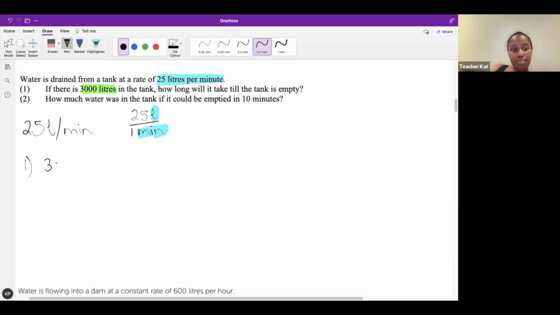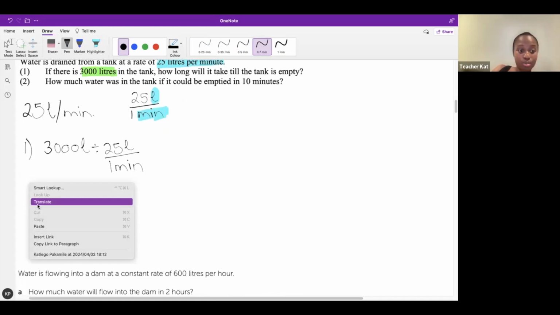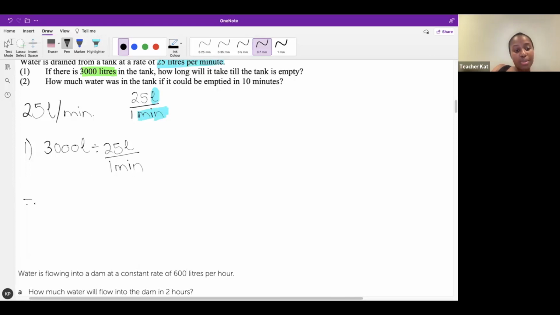So I have 3,000 liters. And we said divided by the rate, 25 liters per 1 minute. Just bear with me here. Don't get lost. If I do the flip and times thing, so if I have 3,000 liters times 1 minute over 25 liters, you guys see that?